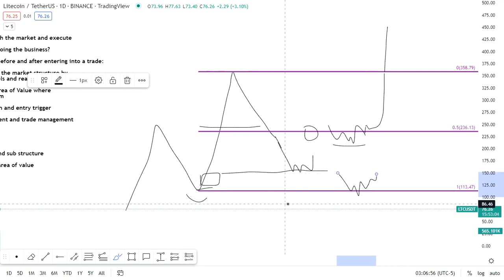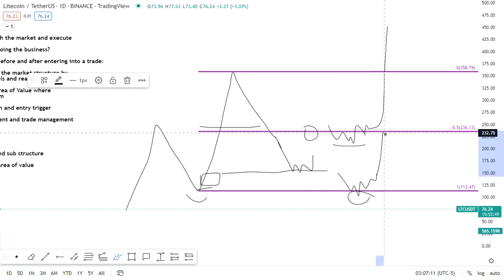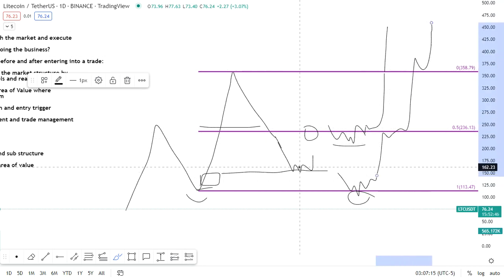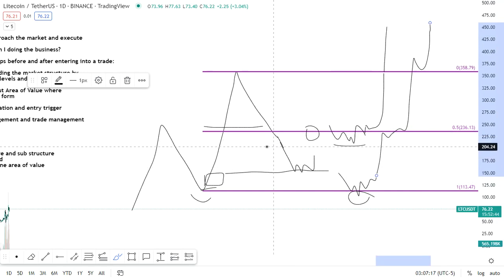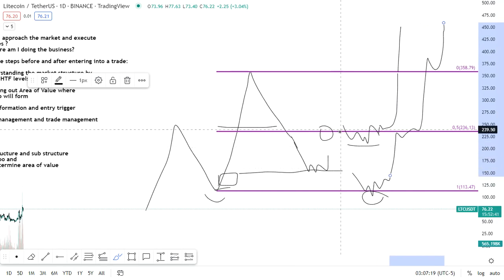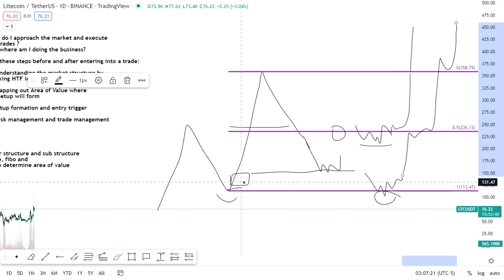So you can understand that the market's goal was to take the liquidity from this swing low, and then it made a deviation or fake breakout, and now you can get involved and target mid-range and high range or even a higher high. So this is how area of value is determined based on a range and order block.